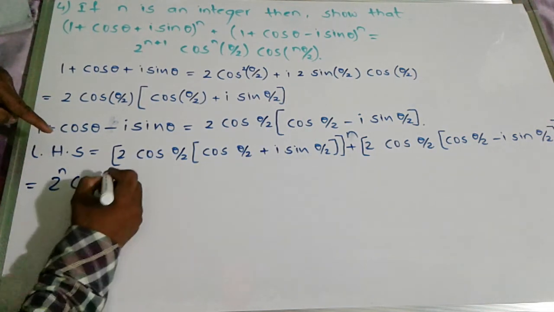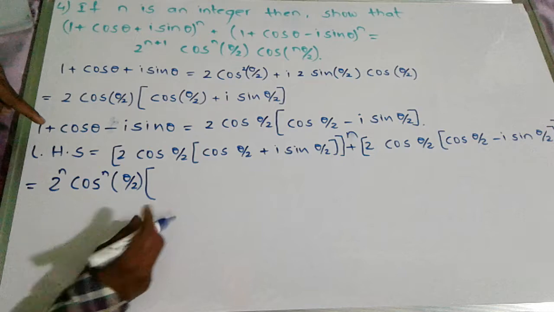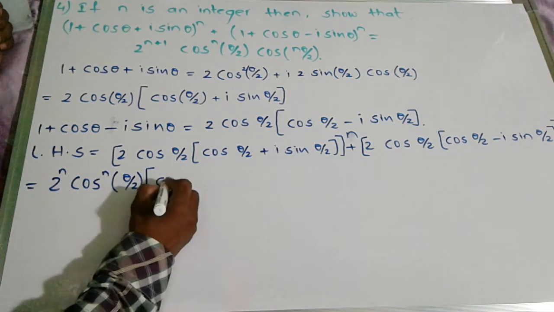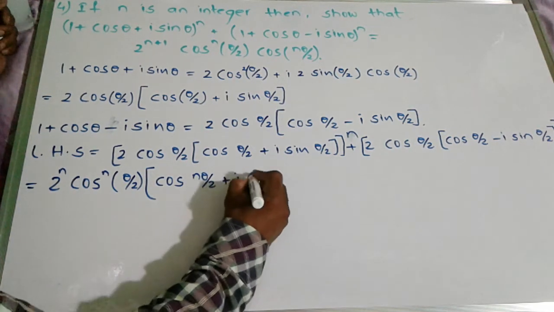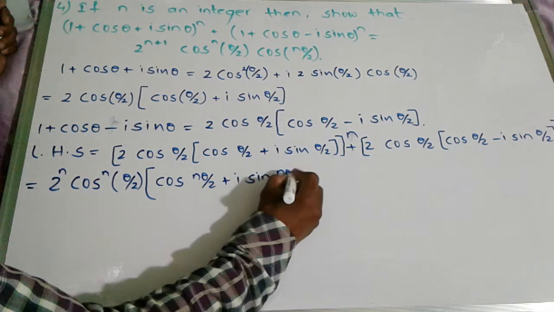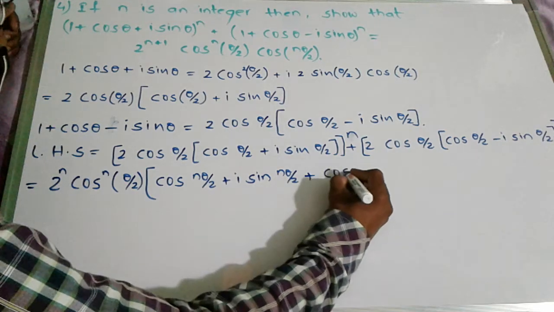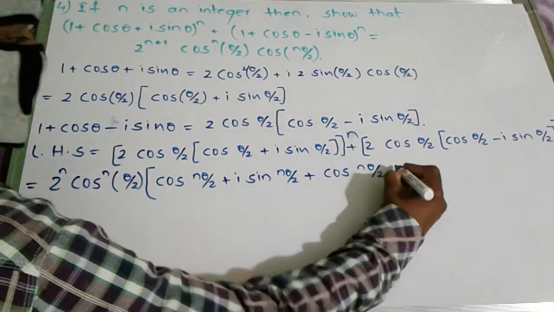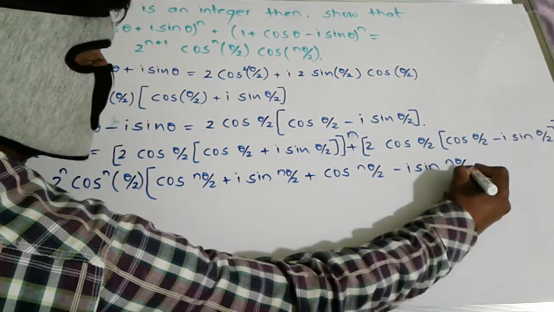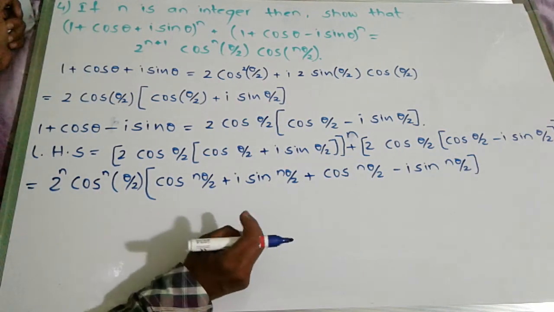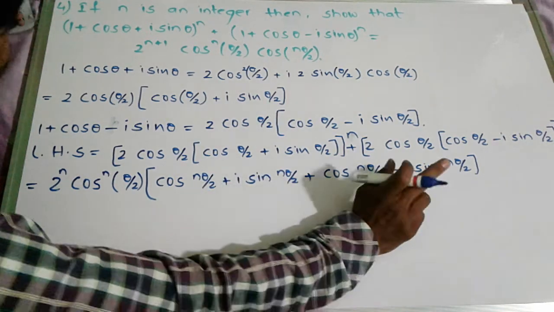So after applying de Moivre's theorem we get like this: 2^n cos^n θ/2, and we get cos nθ/2 + i sin nθ/2 plus cos nθ/2 − i sin nθ/2. So see carefully, we have plus i sin nθ/2 and minus i sin nθ/2.